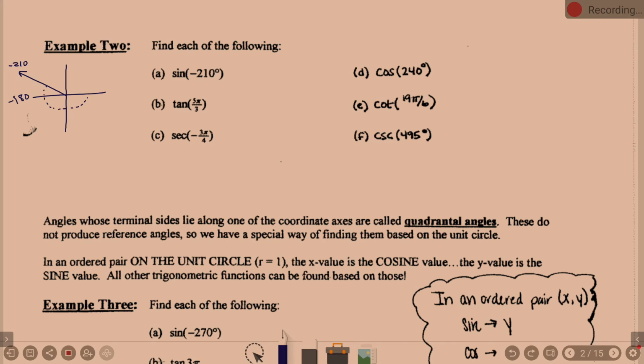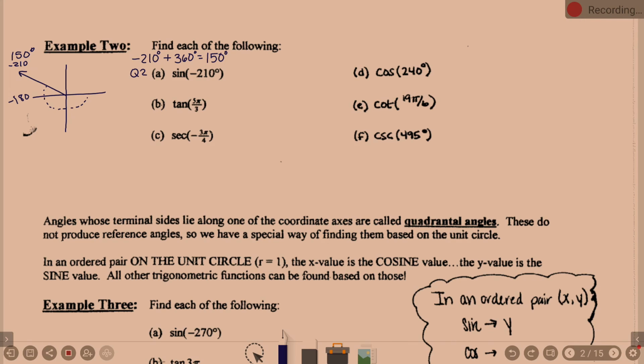Here's what I was trying to get you guys to do: think, if I take negative 210 and add 360, negative 210 plus 360 is 150. Do you guys know more about 150 than you do negative 210? Now, when we look at 150, it's in quadrant 2.